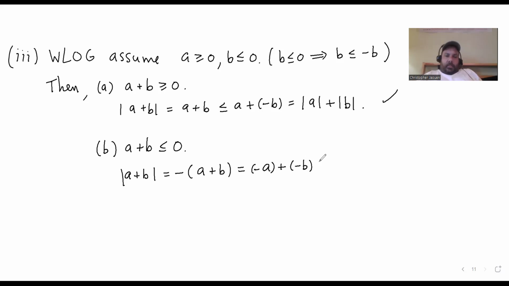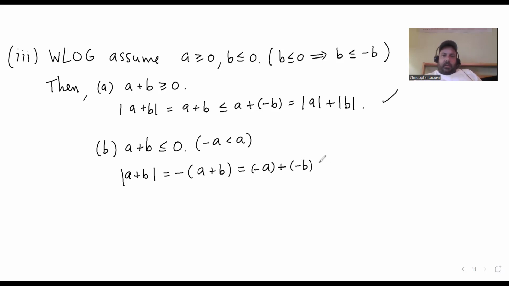Right? And because A is positive, again, I have to make a note here. Negative A is less than A since A is positive.